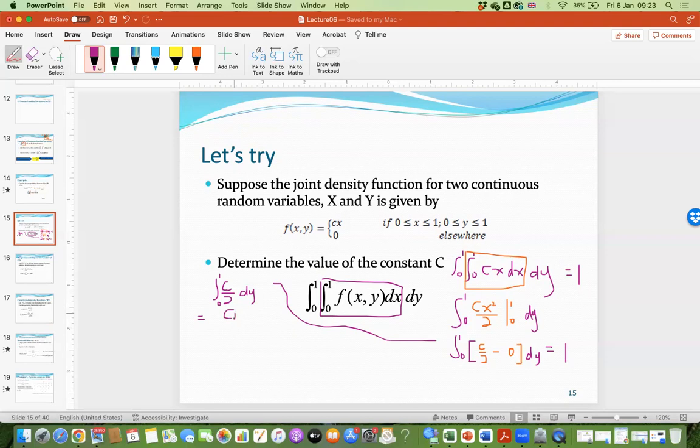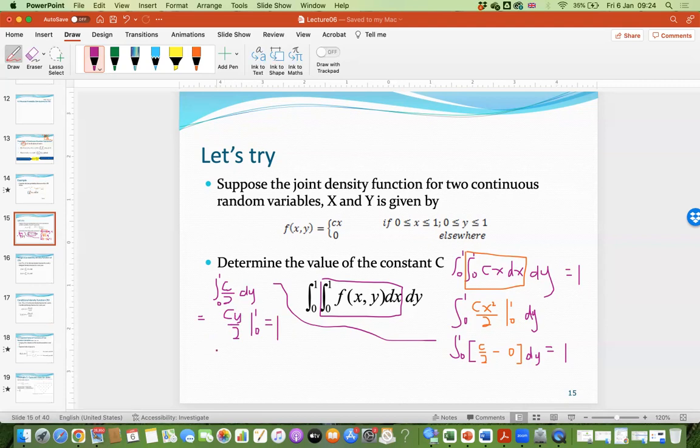Therefore cy over 2, from 0 to 1, equals 1.